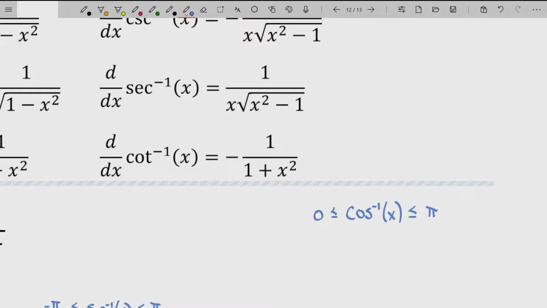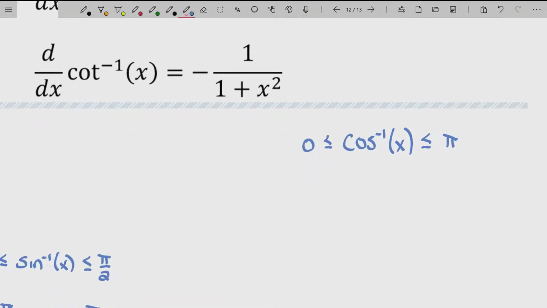And so most students would think, well, since secant is the reciprocal of the cosine, then secant inverse must also return an angle between 0 and pi. And you can define it that way. However, we don't in calculus for a very specific reason, which I'm not going to get into in this video. It's more important to see that justification in Calc 2.